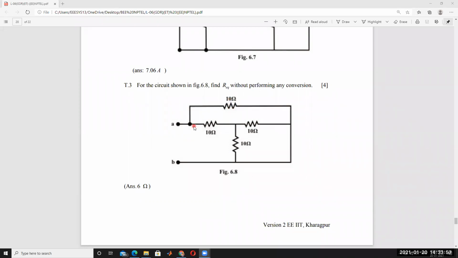So for this star network, applying star to delta you get one element here, one in between, and this in between another element. Then these two elements will come in parallel, simplify the circuit, and you will get R equivalent. Understand? Clear?